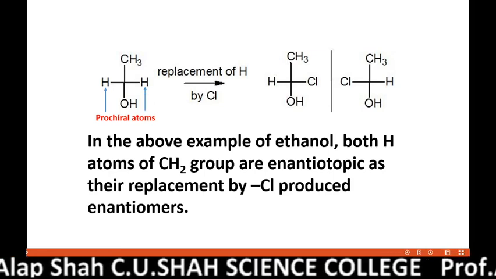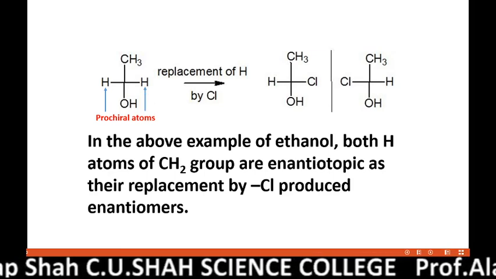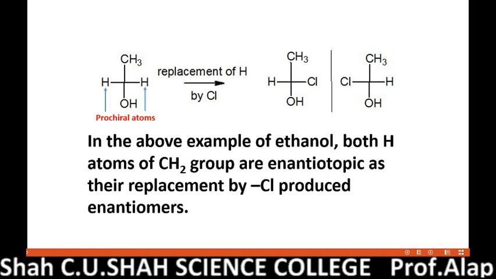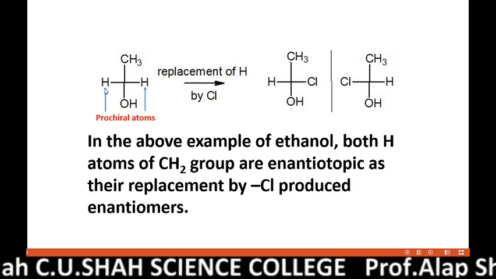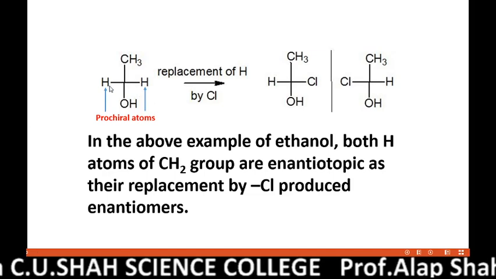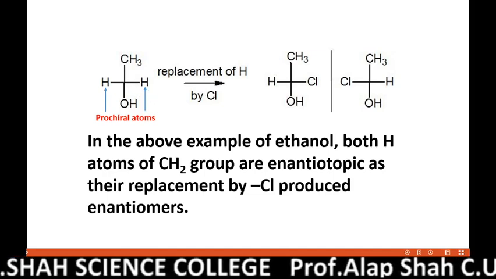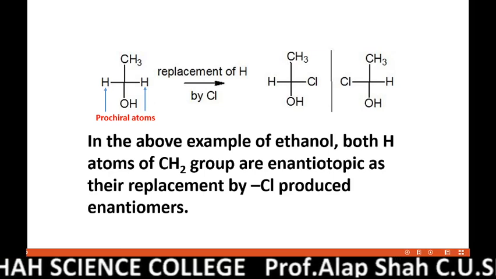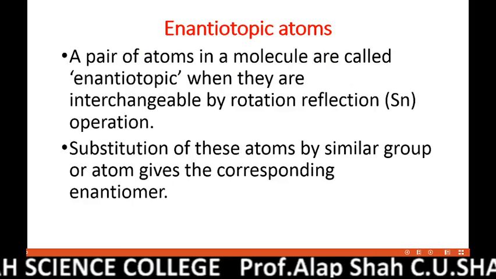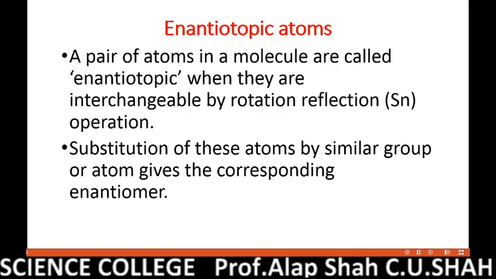One more definition of enantiotopic atoms from the symmetry point of view is that these atoms can be interchanged by an Sn operation, that is, a rotation reflection operation.